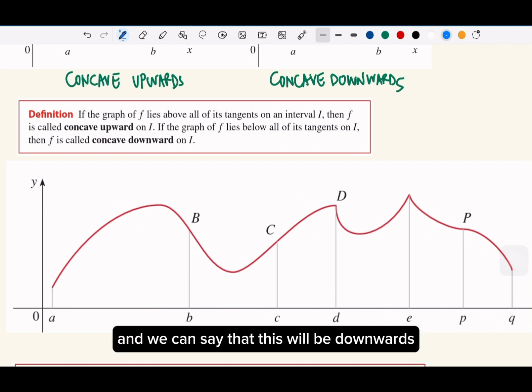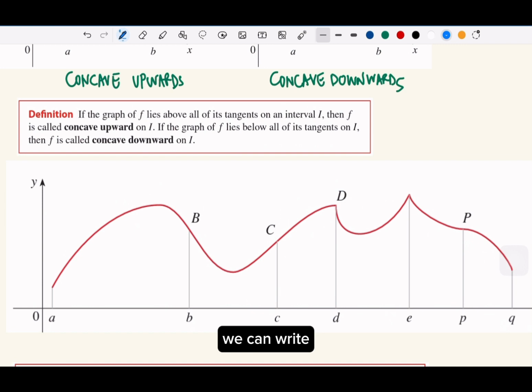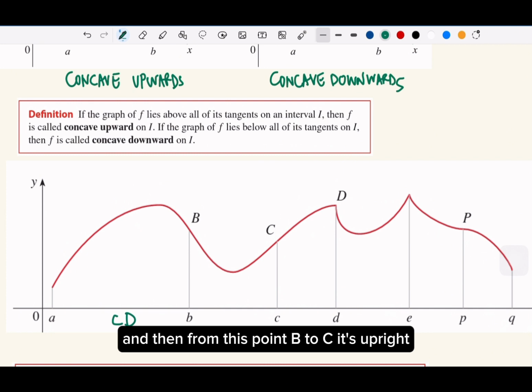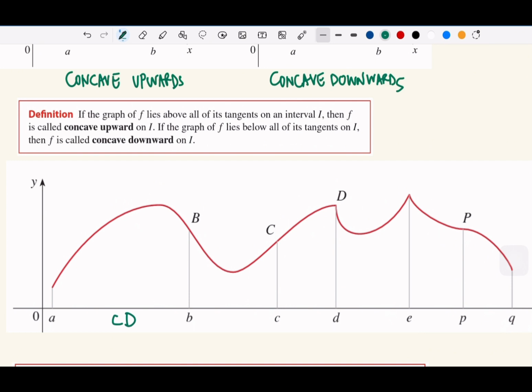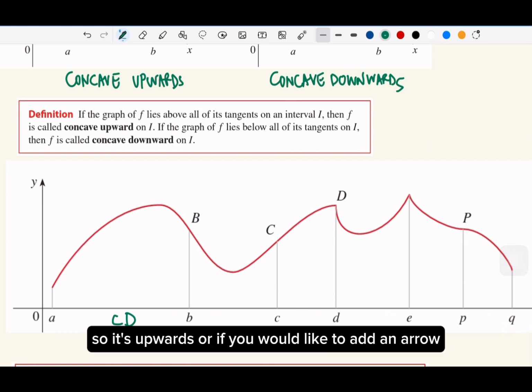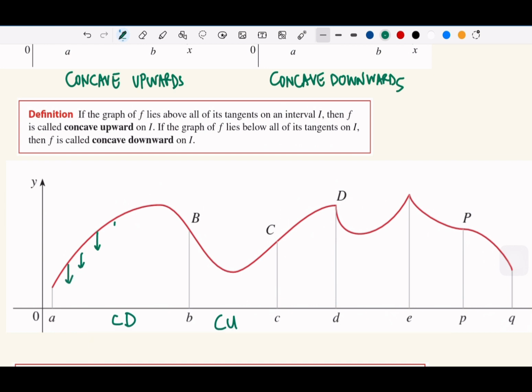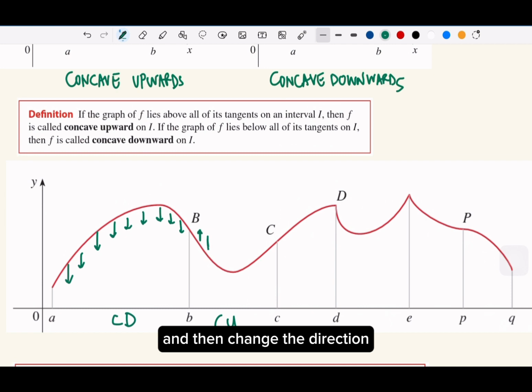We can write concave downward, CD, and then from point B to C, it's up, right? So it's upwards, or if you would like to add an arrow and then change the direction.